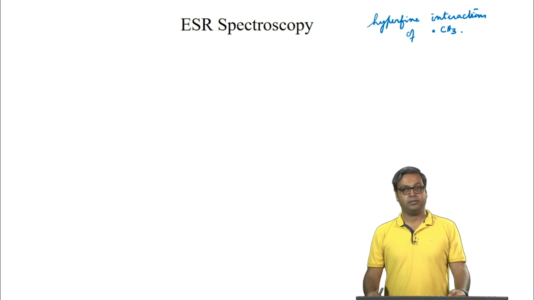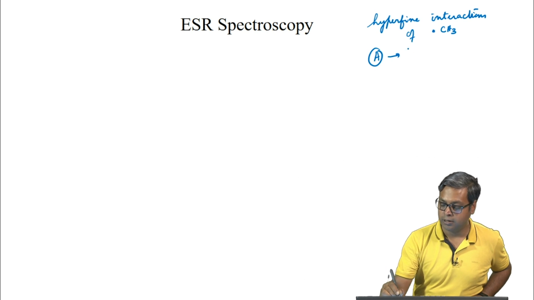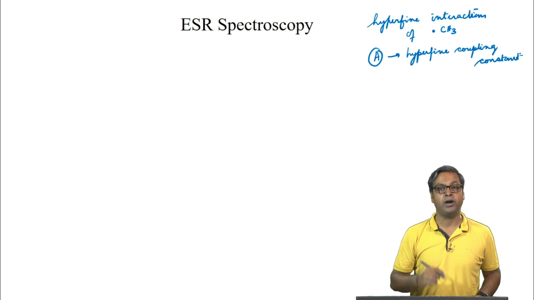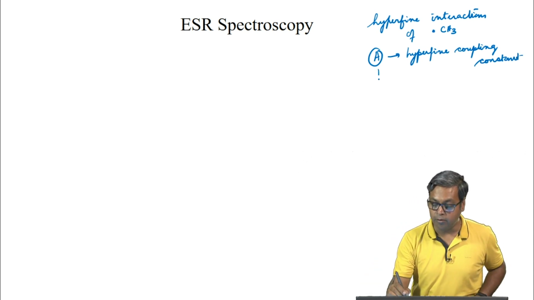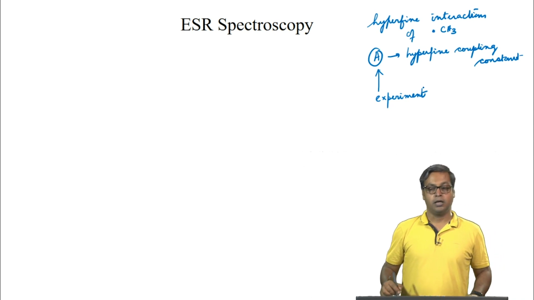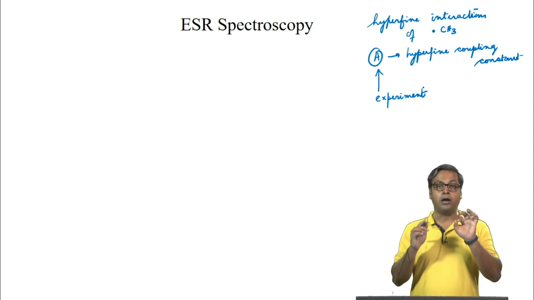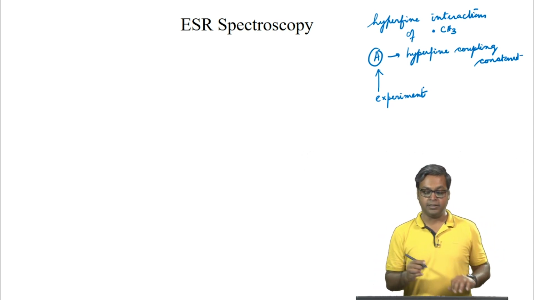So, we saw that the A, which is the hyperfine coupling constant, can be obtained from experiment, and this A is related to the unpaired electron density.